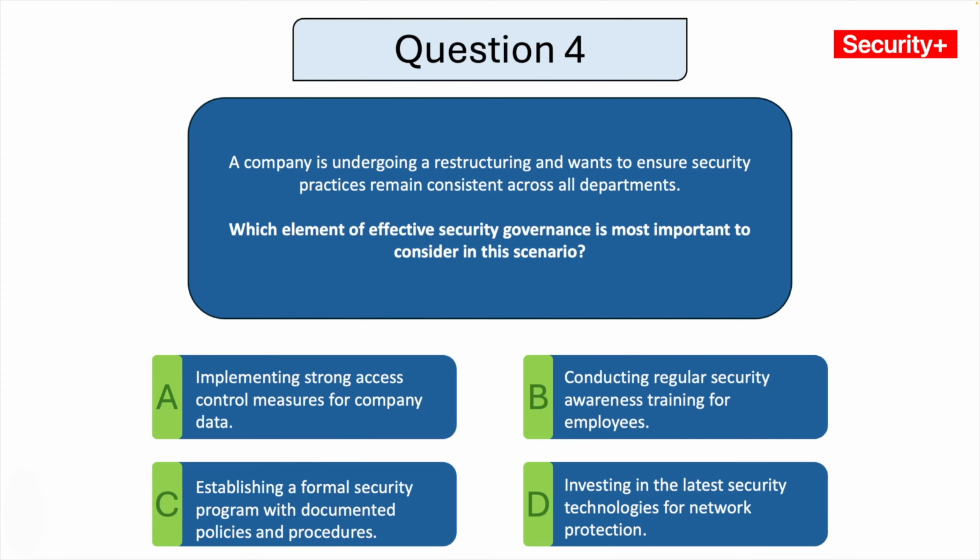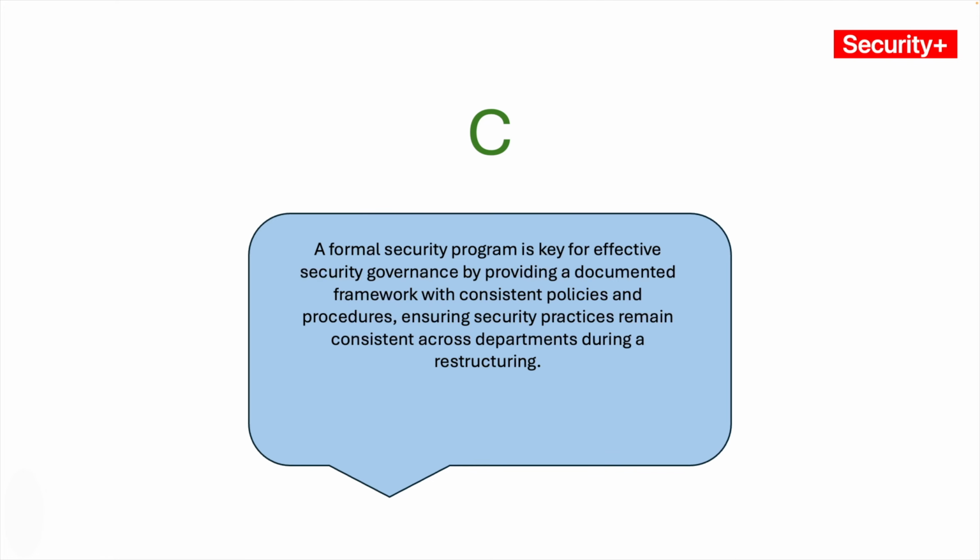So I'm going to go with C here. A formal security program is key for effective security governance by providing a documented framework with consistent policies and procedures, ensuring security practices remain consistent across departments during a restructuring.